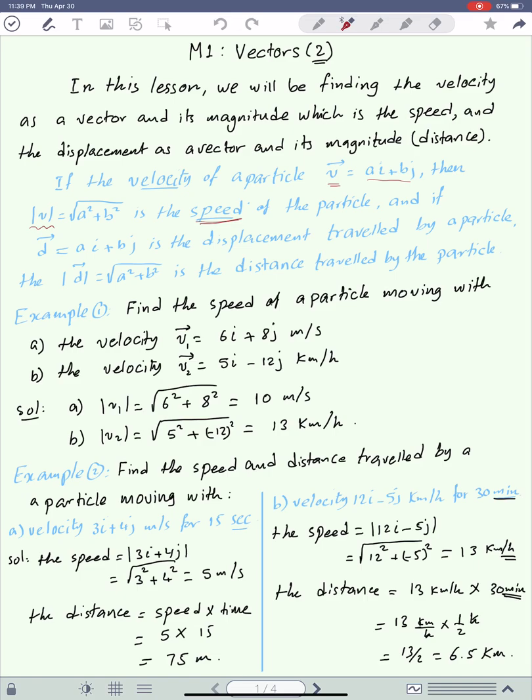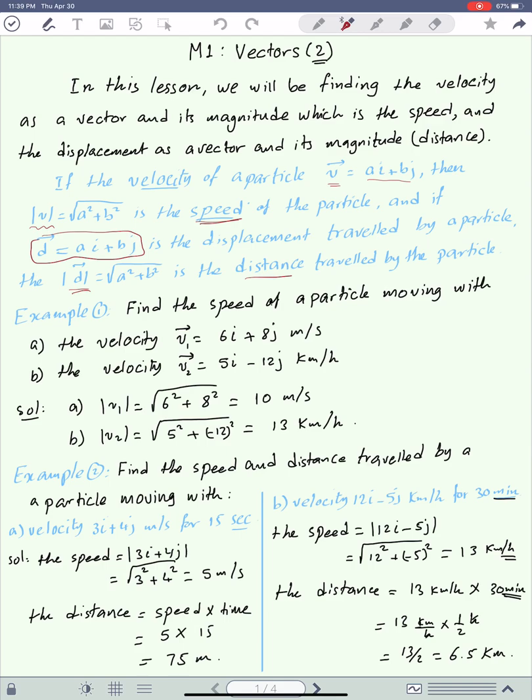Simple like this. And the same for d. If the vector d equals ai plus bj is the displacement traveled by a particle, then the magnitude of this displacement is the distance. This is the first part for today. Straightforward.